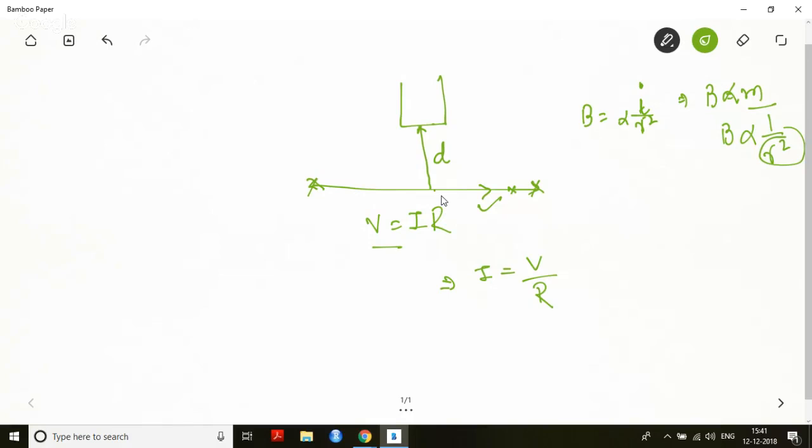Now, what is the concept of a generator? I have an alternating current generator, which is also called a dynamo.